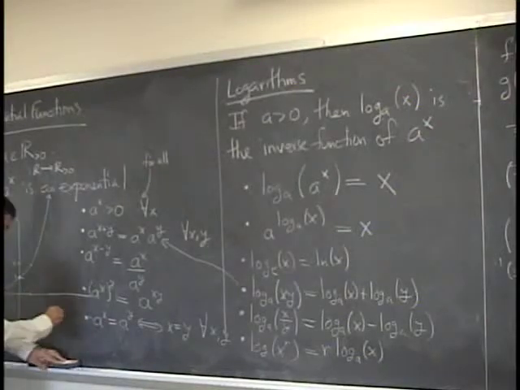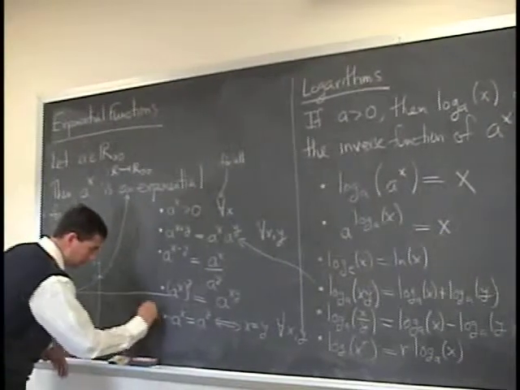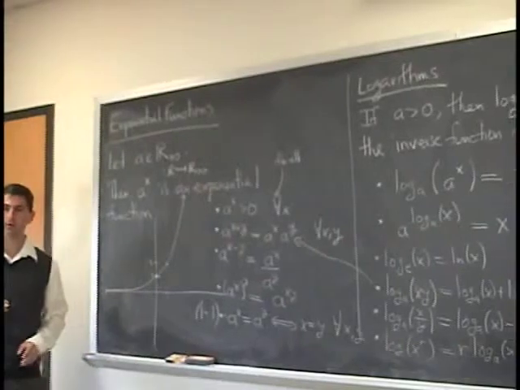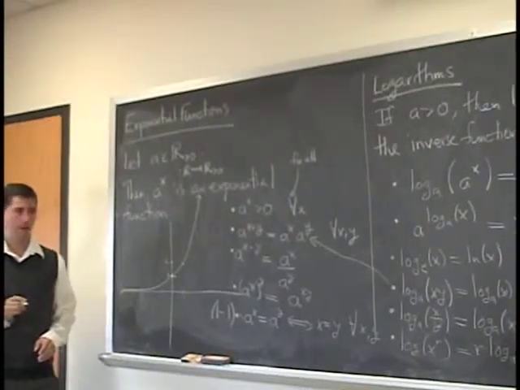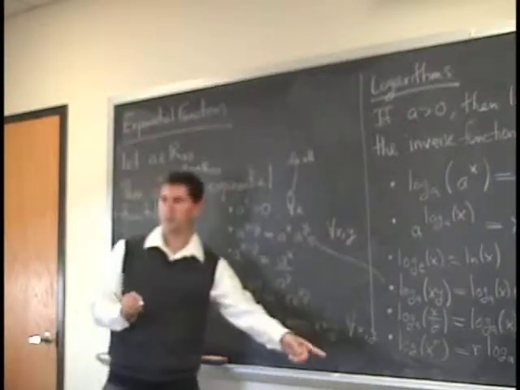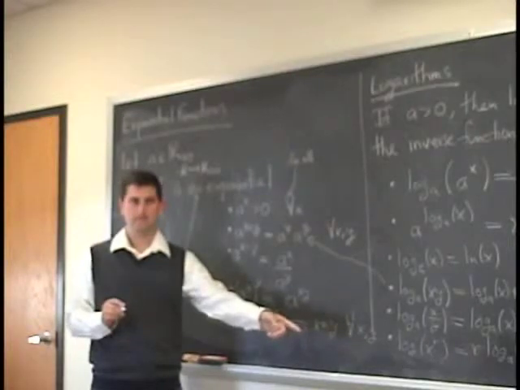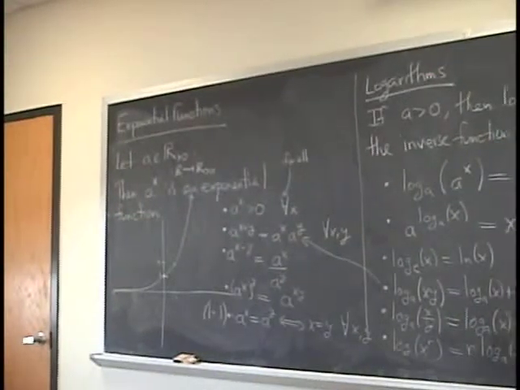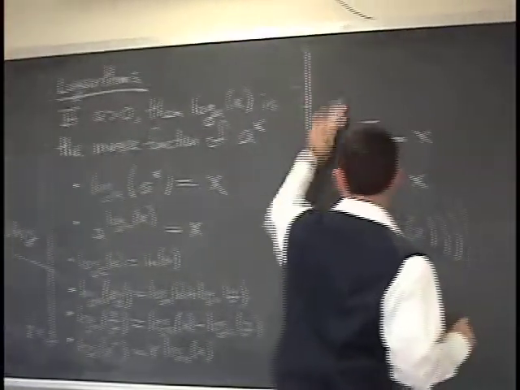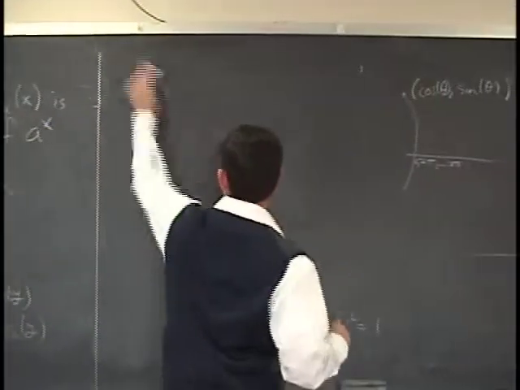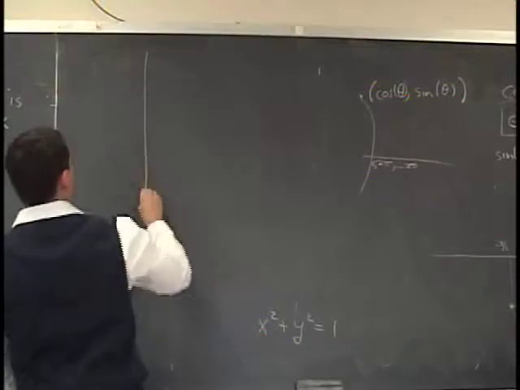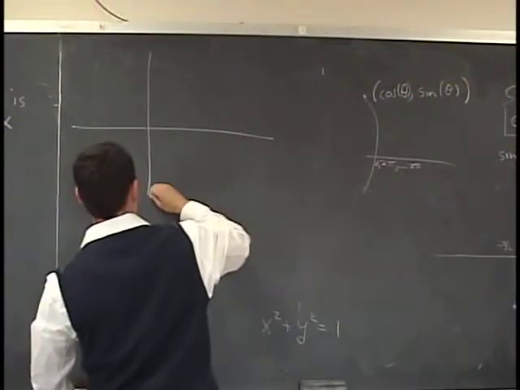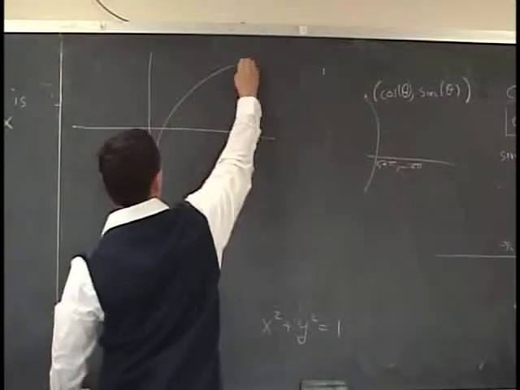Well, remember, this last property was really just saying you had a one-to-one function. Now, is the logarithm a one-to-one function? Okay, let's see, let's graph it. Recall from yesterday, the graph of the logarithm looked like this.